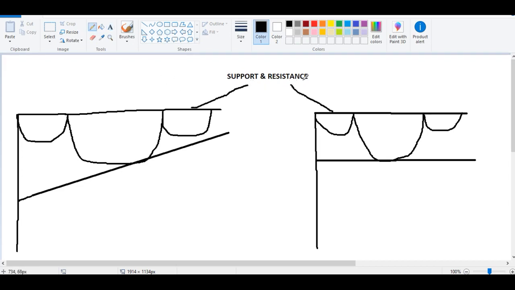It all comes back to this one key topic, support and resistance, right? So if we get this down, if we understand support and resistance properly, it can do wonders to our trading.